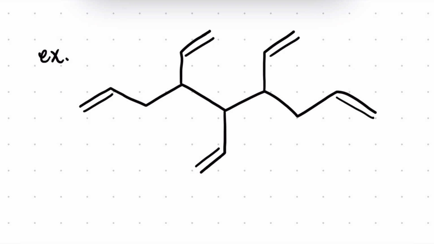Obviously the first thing that you want to do is find out the parent chain. Now there are many chains possible here, but we'll just directly go and find the longest one. Let's see, this is 1, 2, 3, 4, 5, 6, 7, 8, 9. So there's a 9-member chain.